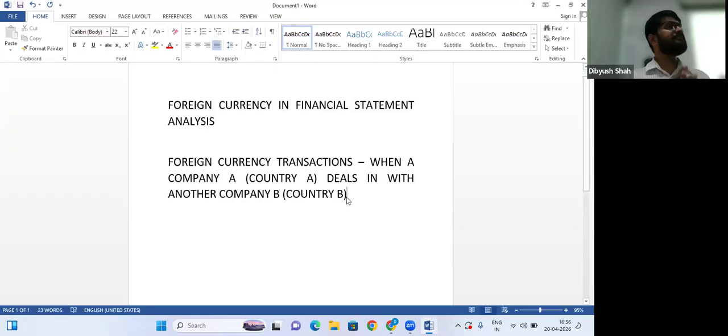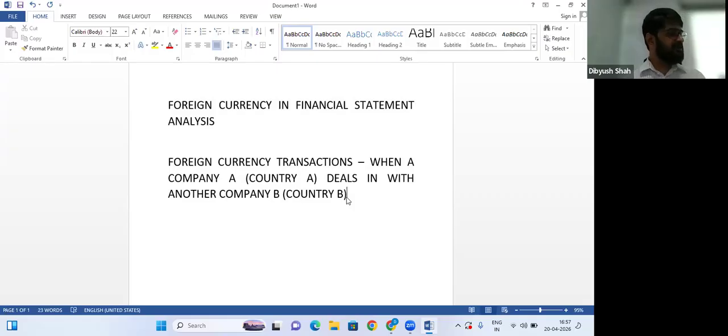Like if an Indian company is dealing with an Indian company, the transaction will be settled in rupees. But if an Indian company, let's say company A, deals with a US company, company B, the transactions will be settled in US dollars or Indian rupees. But let's for a moment assume US dollars.